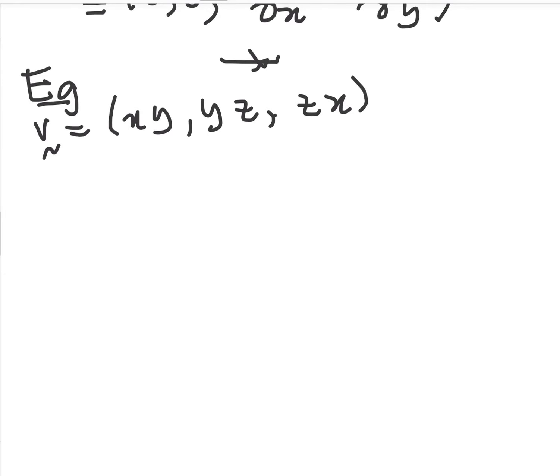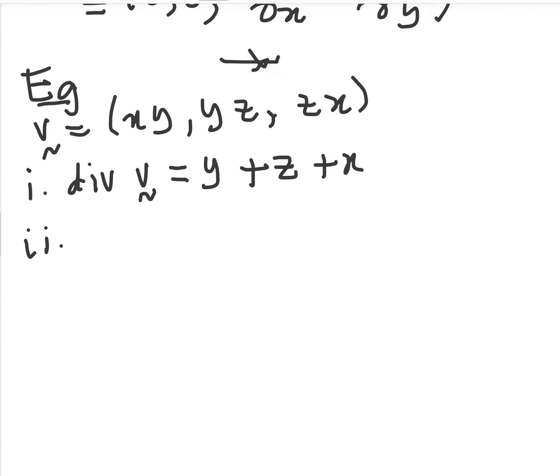Just to give you a simple example, it is clear first of all that the div of this vector field, which is going to be a scalar, you differentiate the first component with respect to x partially, the second component with respect to y partially, the third component with respect to z partially. So that's straightforward.